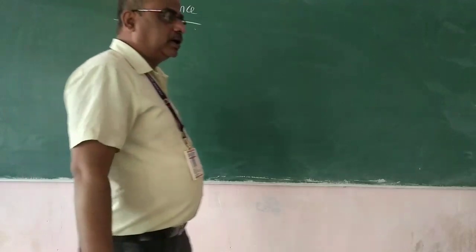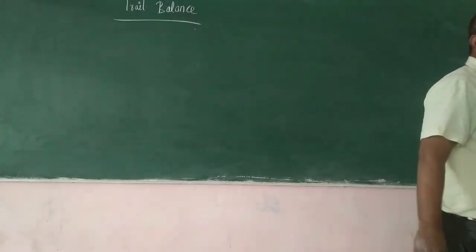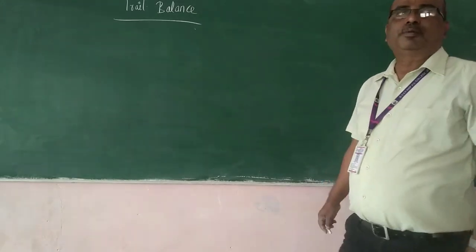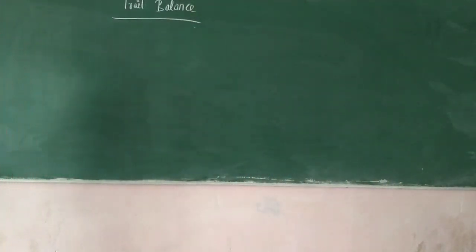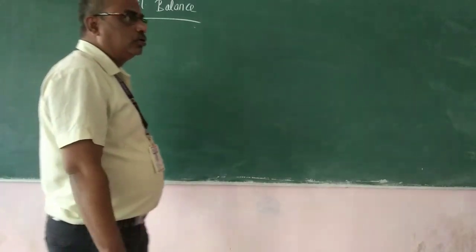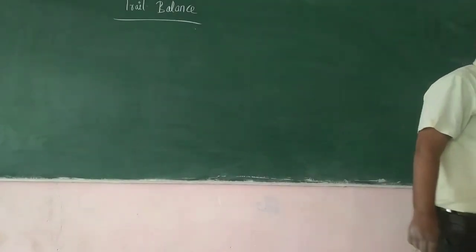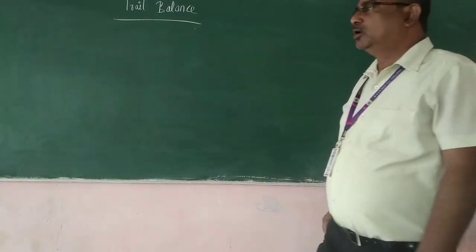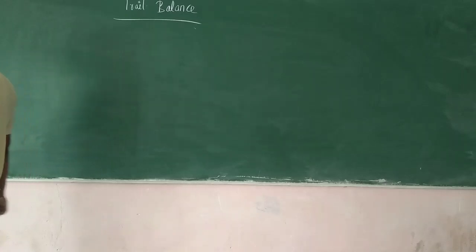So this is about the rectification of errors, and as I have told you previously also, only if you are proficient and conversant in passing the journal entries can you pass the rectification entries. This rectification of errors is for 6 marks.